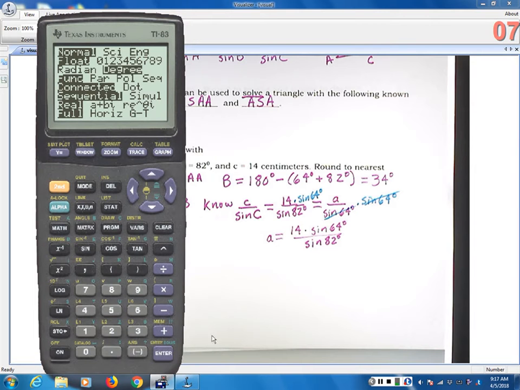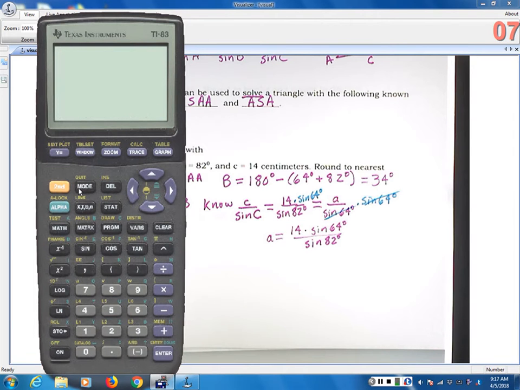But yours won't have that problem. Okay, so this is 14 times sine of 64. And I have to close the parentheses or it still thinks I'm in sine, divided by sine of 82.